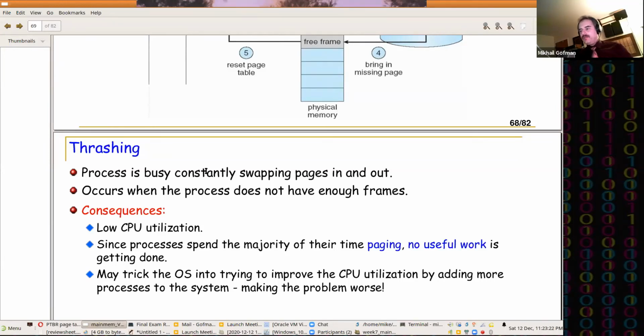So we had to free the frame associated with page B by storing page B onto the disk, so we can bring in page A. And then shortly, right after, the process now wants to access page B. Well, now to free physical memory, we have to take page A and save it back to the disk and then bring back in page B.